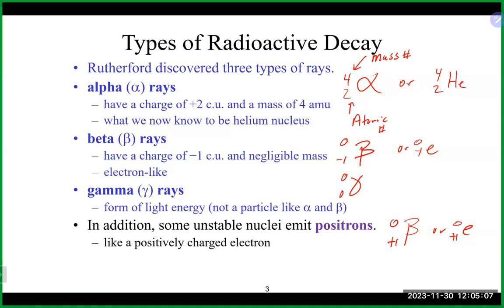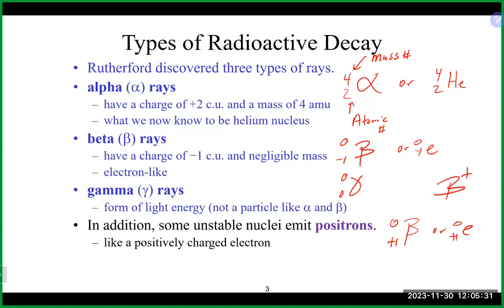All right. So positrons, they actually do use the sort of same symbols as beta particles. If it is the positron, they definitely will indicate it somehow, even if they just use the beta symbol. A lot of times they'll put a plus on it, so you know that it's the positron rather than the beta. And sometimes with the beta, they'll put a negative.